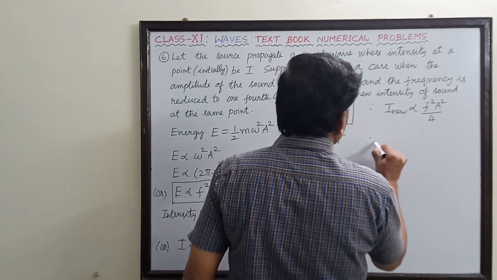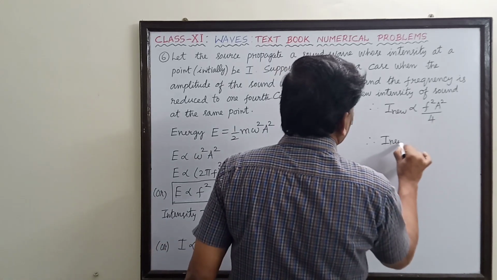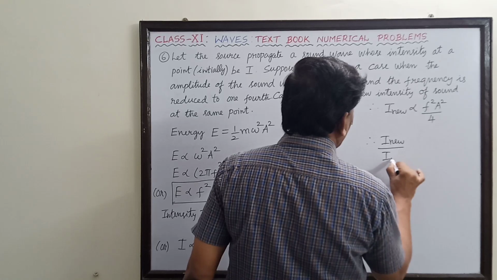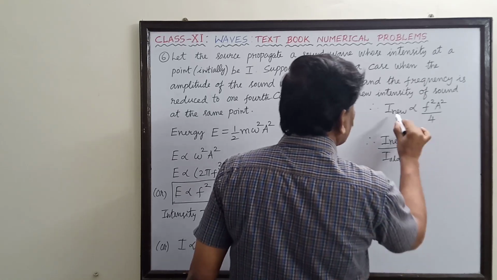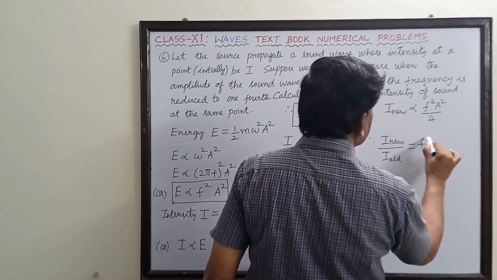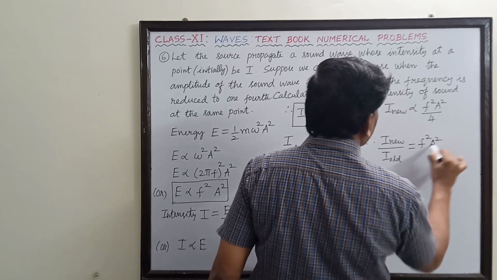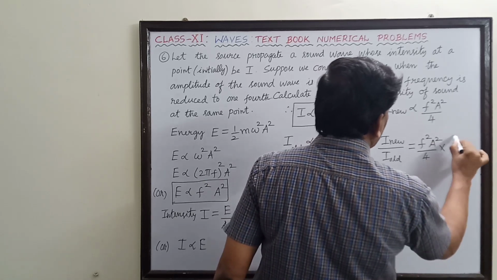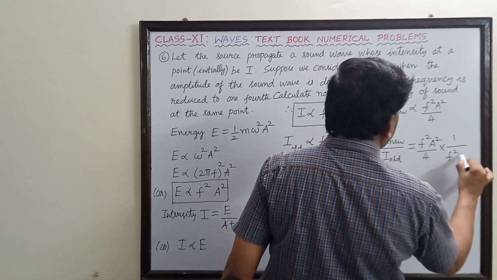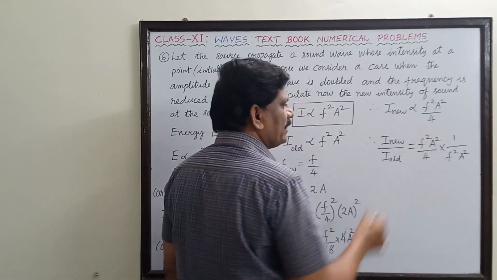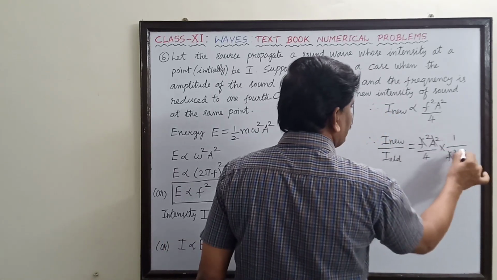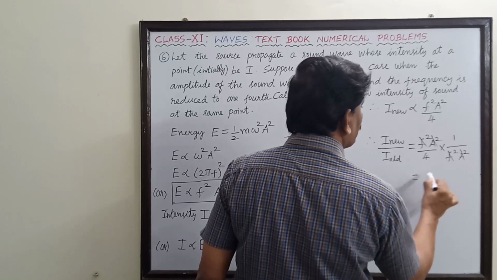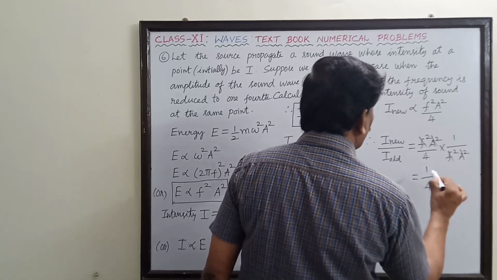Therefore I new divided by I old is equal to f square a square by 4 into 1 divided by f square a square. Cancelling these factors f square and a square, this is equal to 1 by 4.